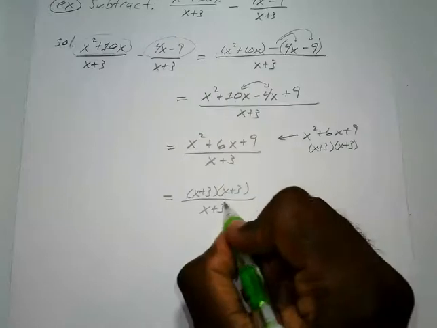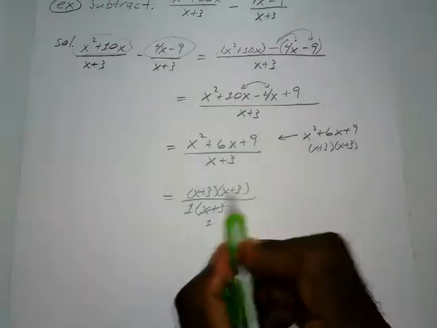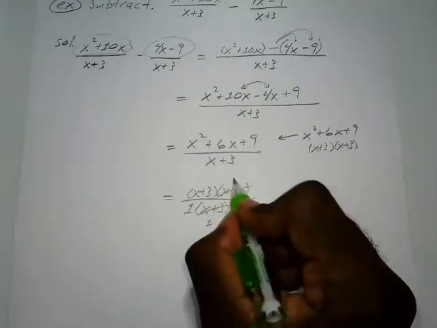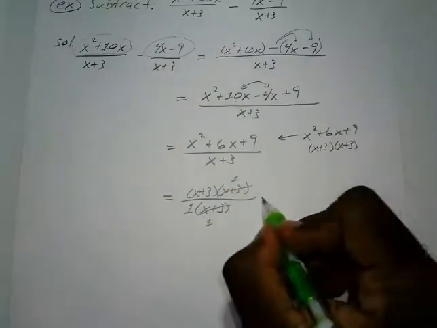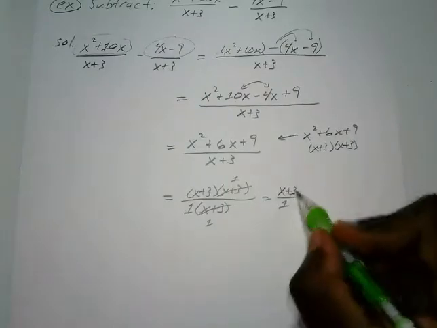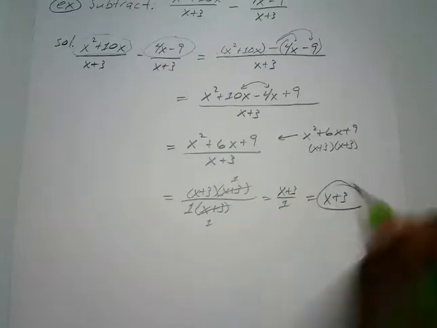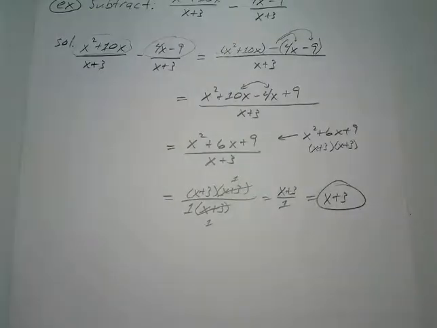And if you want, you can make it 1 times x plus 3. Okay, so this x plus 3 cancels with either one of those, doesn't matter. And that leaves you with x plus 3 over 1. Anything over 1 is just that value, so that's just x plus 3. Okay, so that's why it's important to remember those parentheses.